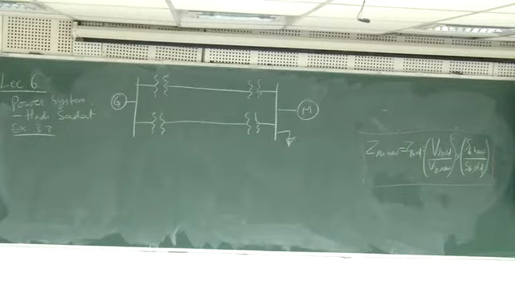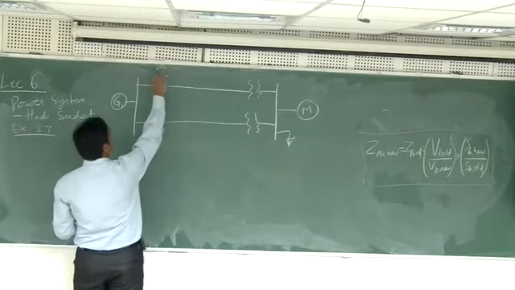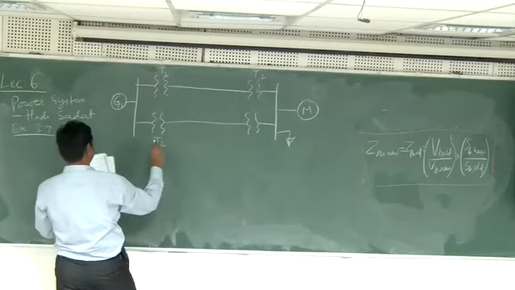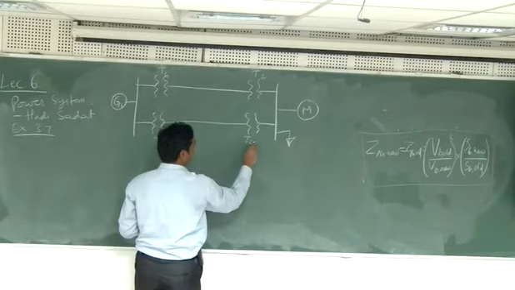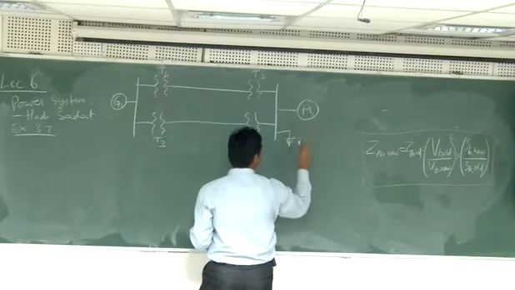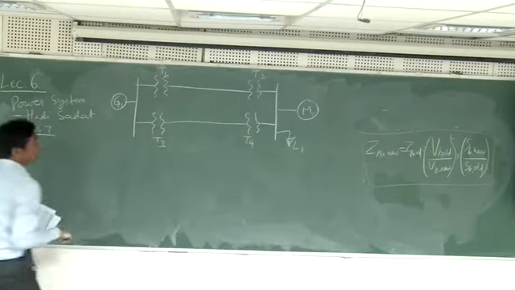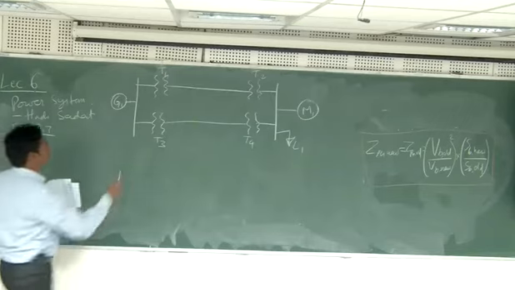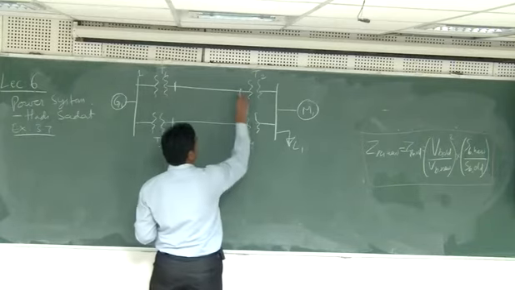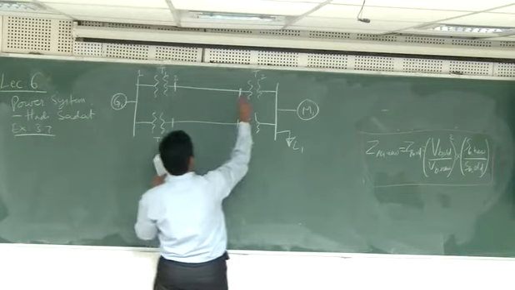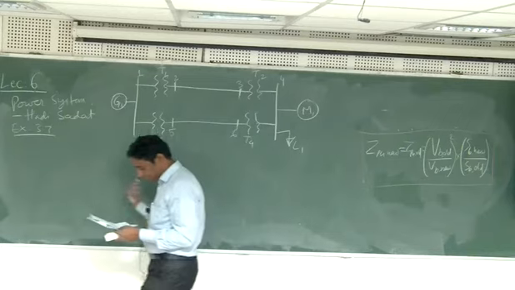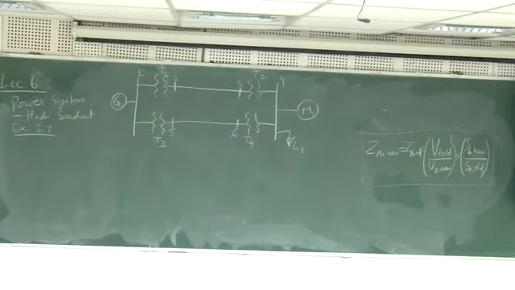Let's give some labels. Let's call this G1, and then T1, T2, and then this is T3, and this is T4. This is M1, or M, and this is L1, the load. And then the numbers for the buses: bus number 1, 2, 3, 4, 5, 6. So there are 6 buses in this system.